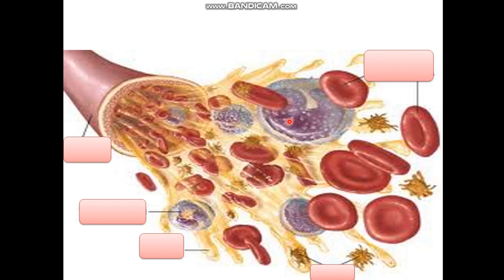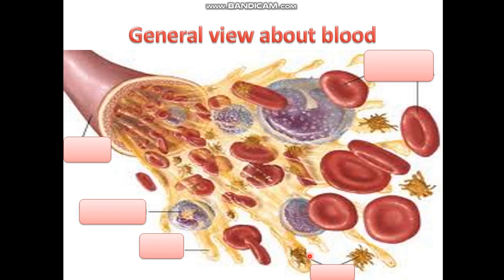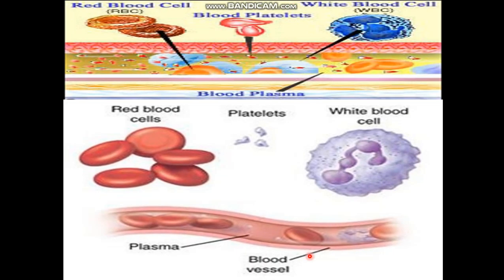Here, the ones we see that are low in number are the white blood cells. The small cells we see are the platelets. This is a general view about blood: blood vessels, white blood cells or leukocytes, plasma, the liquid part of the blood, platelets, and erythrocytes or red blood cells. Now we will see the role of each part.